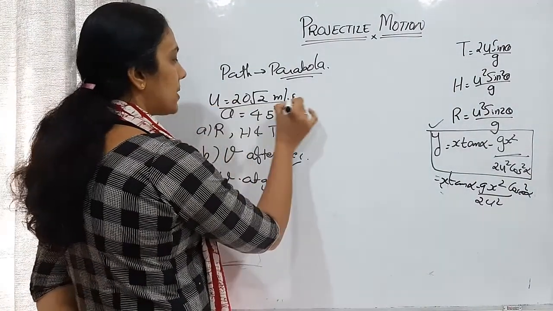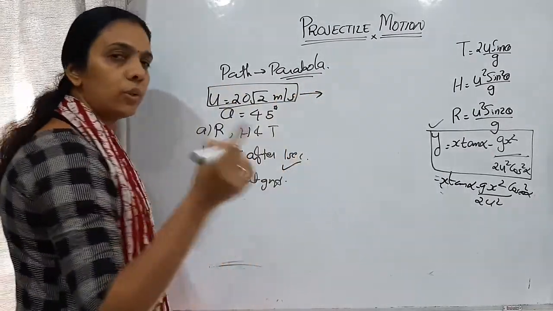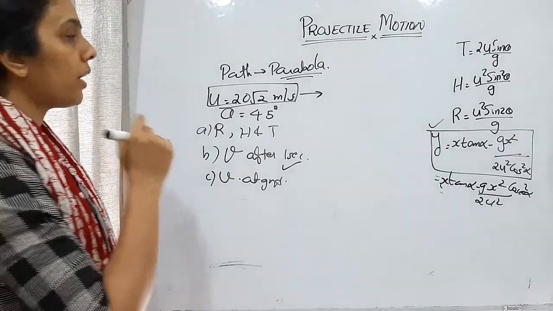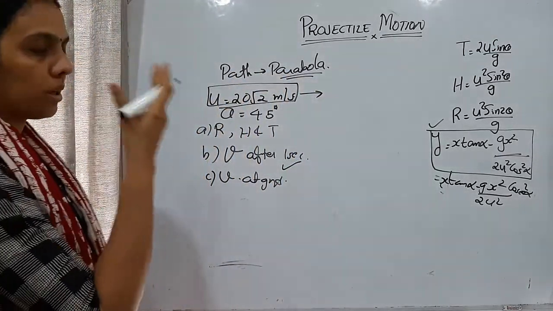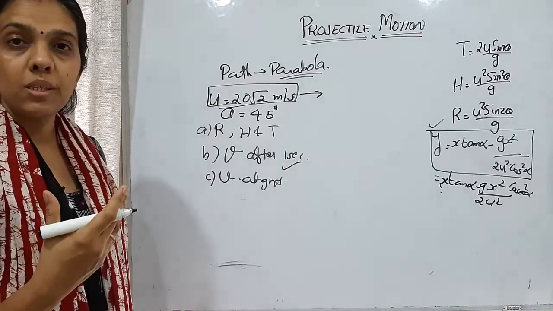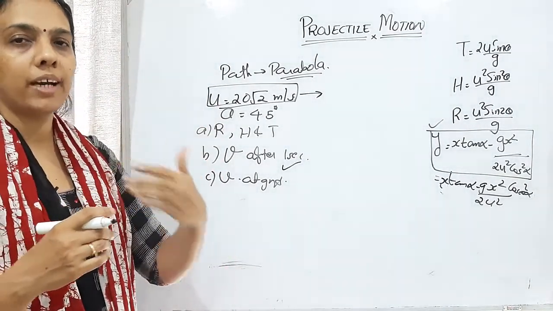Initial velocity is given as 20 root 2. So how will we find it? As I said in the previous videos, to analyze projectile motion we will be using two coordinates, the x coordinate and the y coordinate.